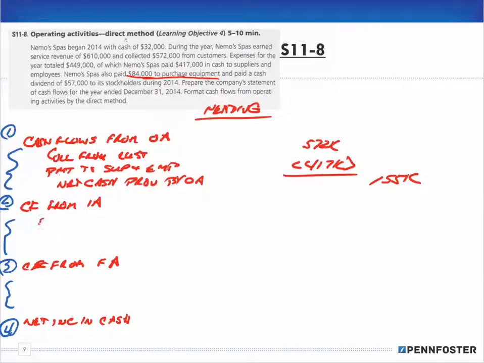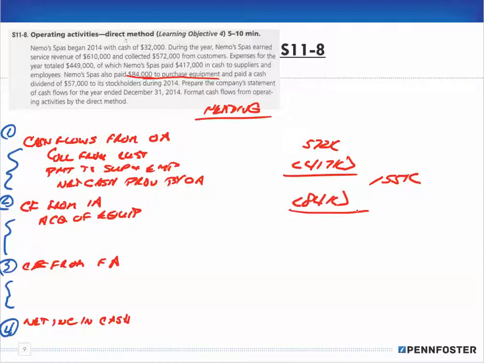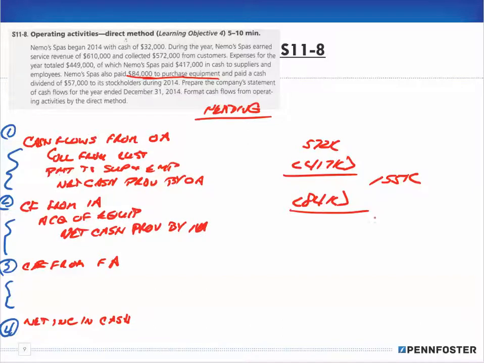So we're going to show it as the acquisition of equipment, and since we have to pay cash for it, that's $84,000 that came out of our pocket, right? And since that's the only item here, then our net cash provided by investing activities is a negative $84,000.